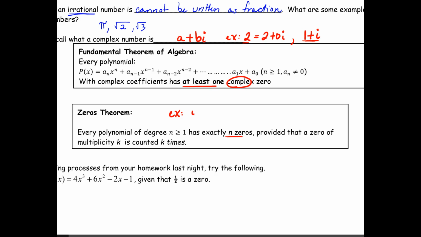Example, if you have something y is equal to x squared minus 4, according to this zeros theorem, then how many zeros should this function have? 2. Because you have a squared, the highest degree is 2. Therefore, according to this theorem, we should have 2 zero values, provided one could be a multiple zero. So it could occur twice when you factor it down. So I'll just say provided, could have multiple zeros.